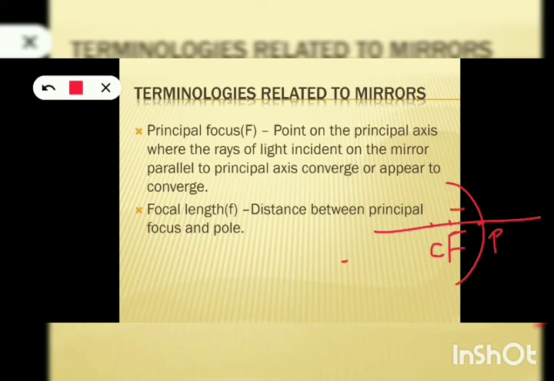The distance between the principal focus and the pole of the mirror is termed as focal length f. So focal length is denoted by small f. It is applicable to convex mirror too. Okay.